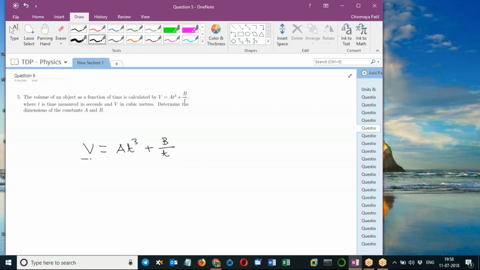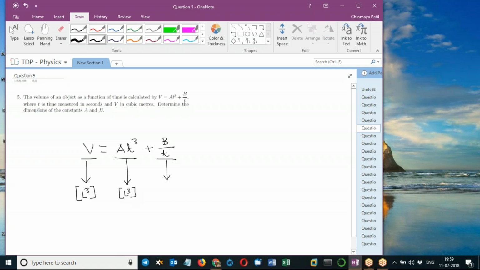Now let's look into the volume V. What is its dimension? L cube. Very good. So the right hand side also has to be L cube, then only it will add up. The sum should be L cube.